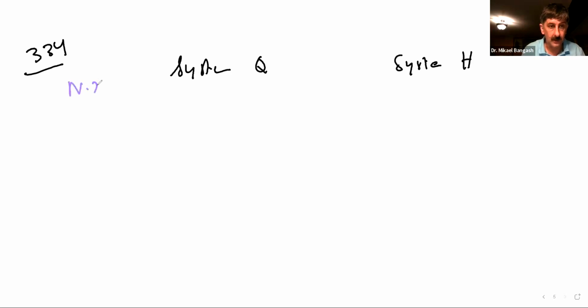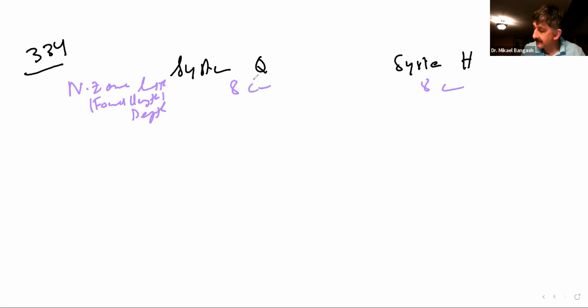What do we mean by near zone length? That's what we could also call focal length or focal depth, and in this case it's the same, 8 centimeters.